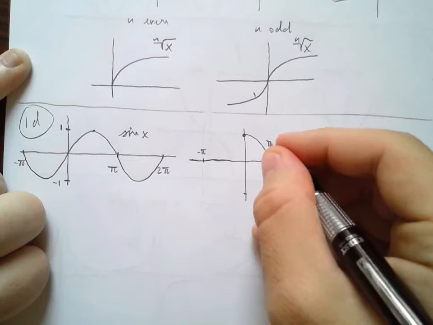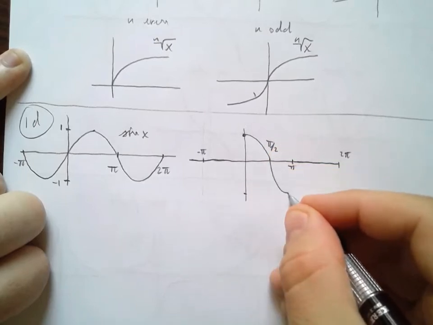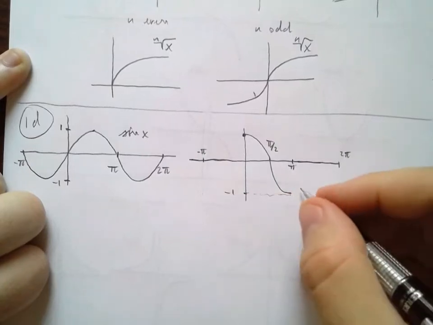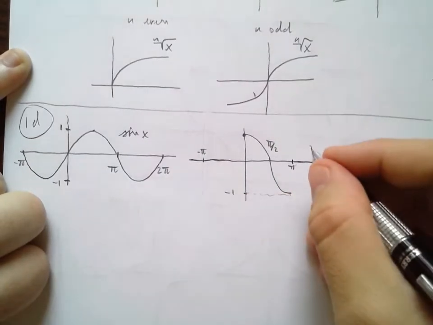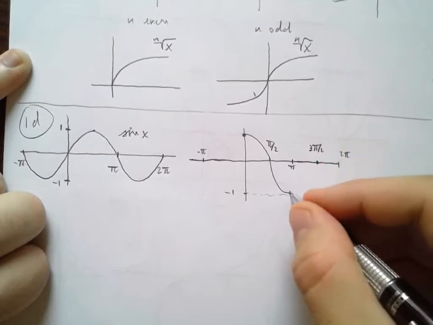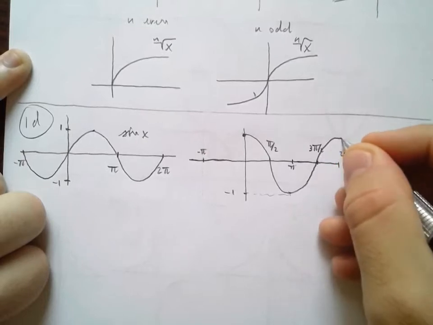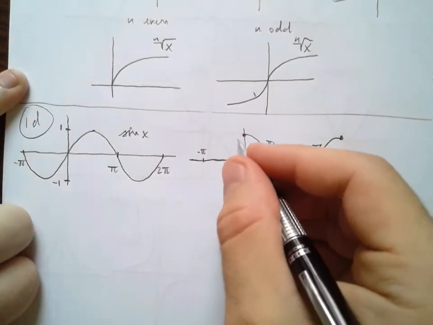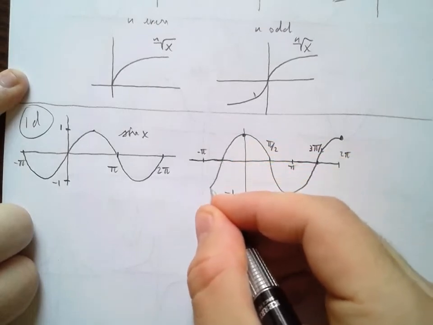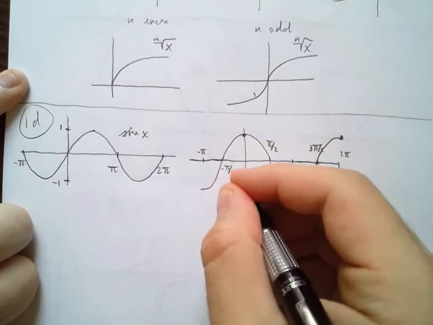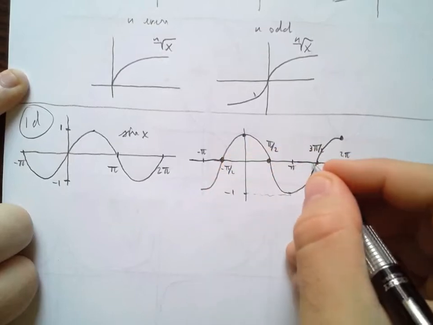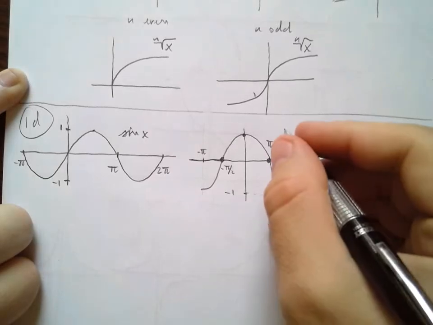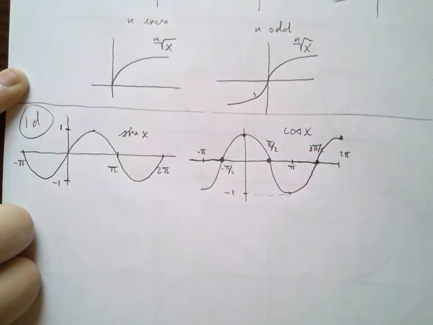It has a 0 at pi over 2, then it goes all the way down to minus 1 at pi. It has a 0 again at 3 pi over 2, then it goes all the way up to 1 again, just like that. And then of course I have the mirror image down here. So this is at minus pi over 2, where I have these roots. Okay, so that's the graph of cosine of x.